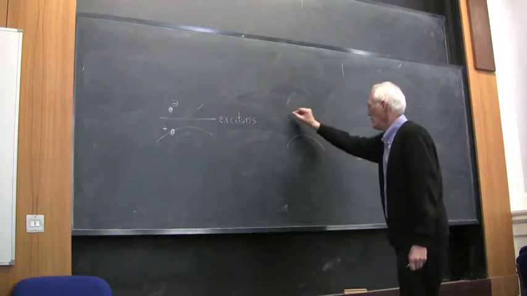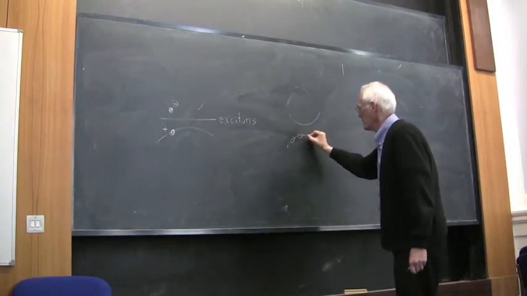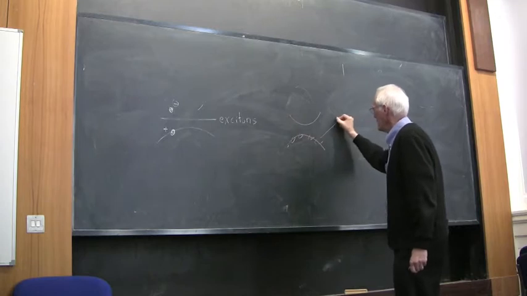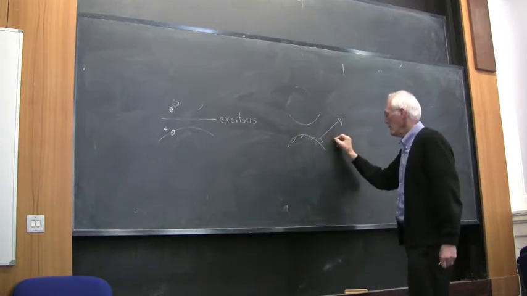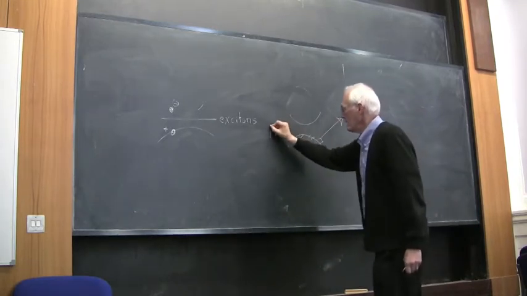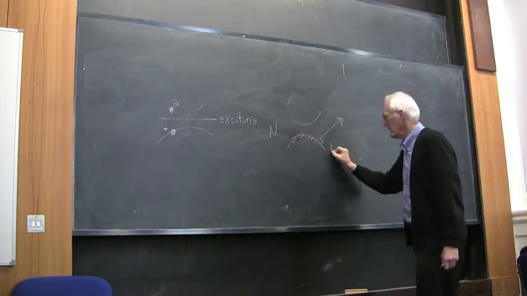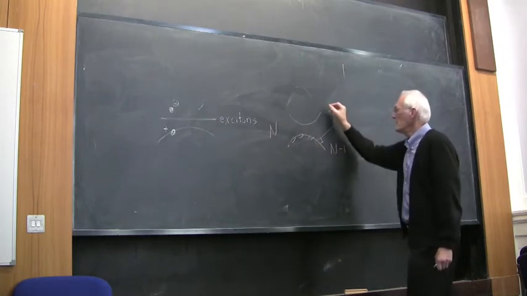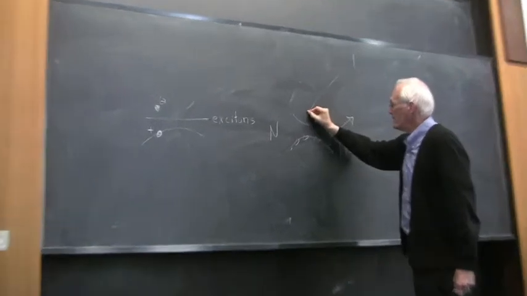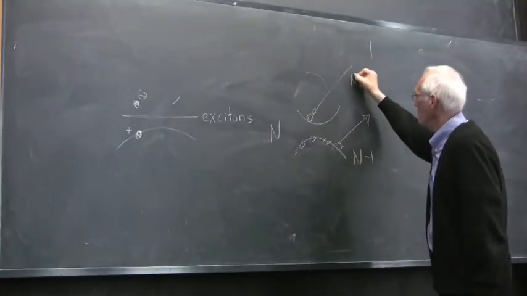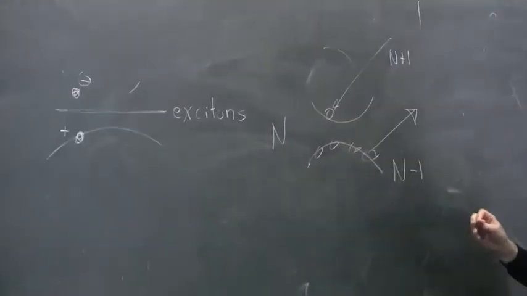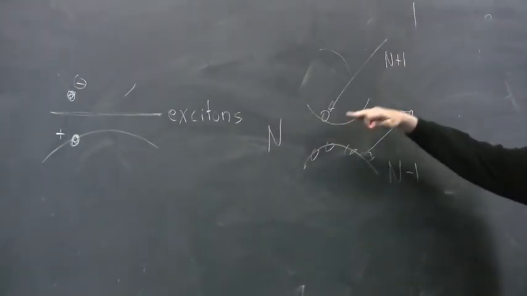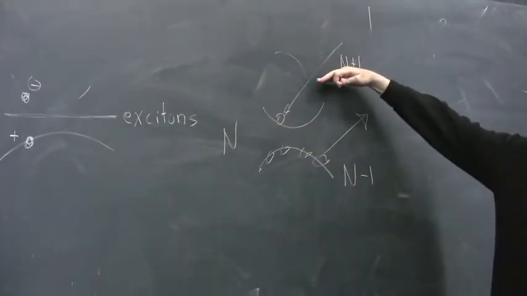So either this solid, and you take an electron out, suppose it has n electrons, and you take one out and it has n minus 1, or you put in an electron, n plus 1, and those would just be the states of n electrons, or n minus 1, or n plus 1.